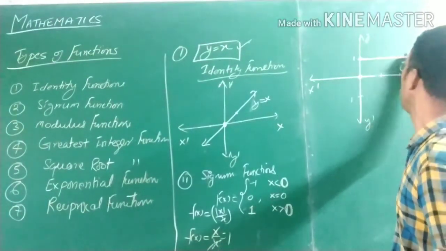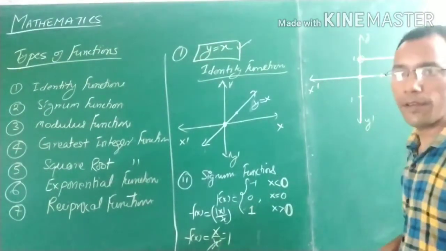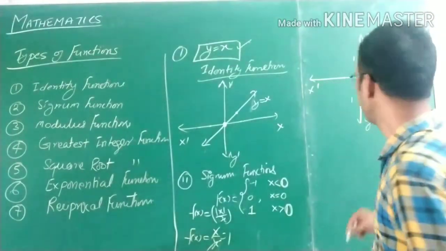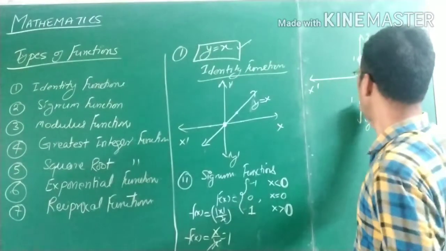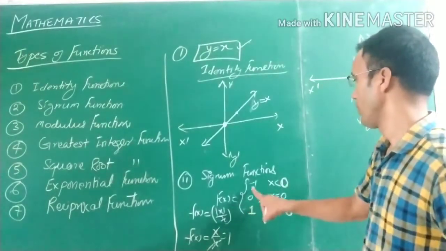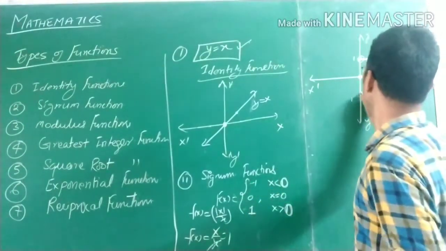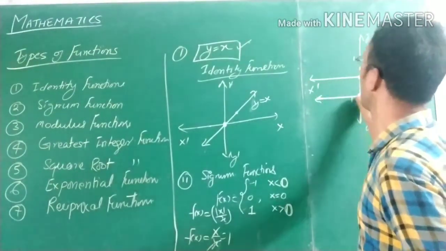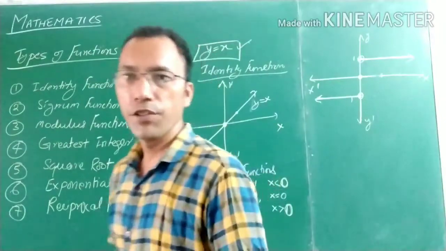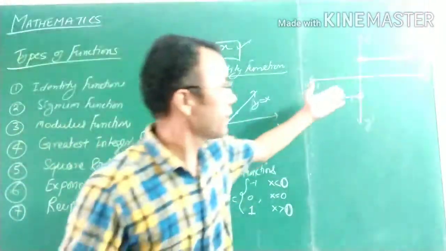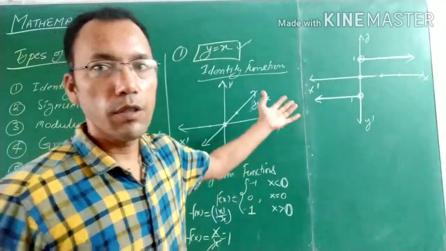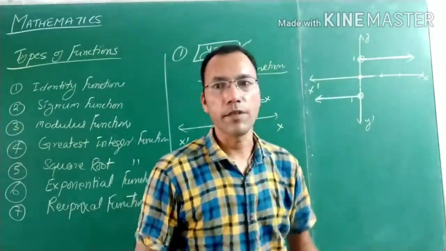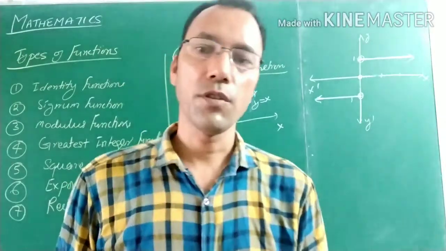And below 0, that is less than 0, it will be negative, minus 1, again an open interval. This is called the graph of the signum function. It is discontinuous at 0 because at 0 we have to pick up the hand, so it is a discontinuous function.